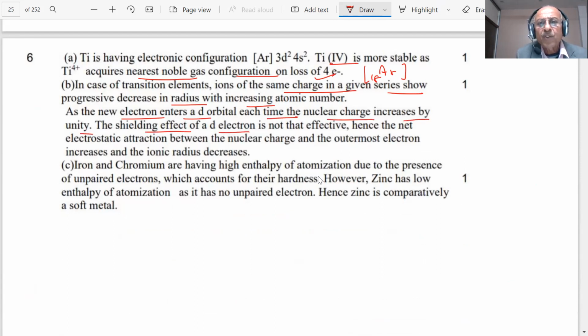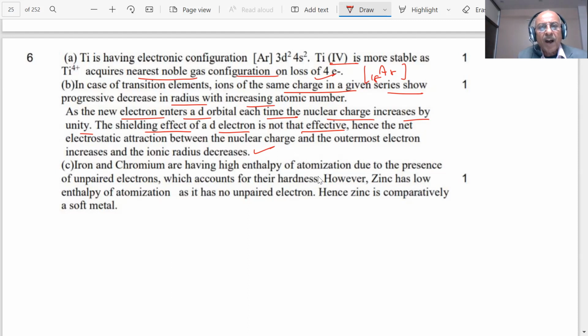The shielding effect of d is not that effective. Hence, the net electrostatic attraction between the nuclear charge and the outermost electrons increases with increasing atomic number. There are two factors, one we have already said, shielding effect, and the other is effective nuclear charge. Here, the nuclear charge dominates, so the effective nuclear charge becomes more because the shielding is not that effective. Therefore, there is a decrease in size.